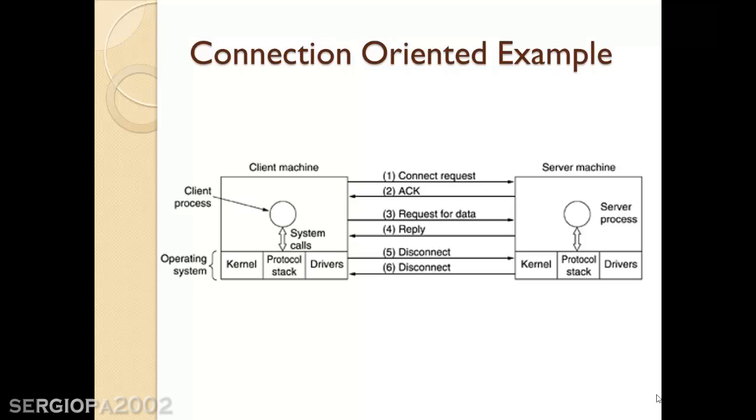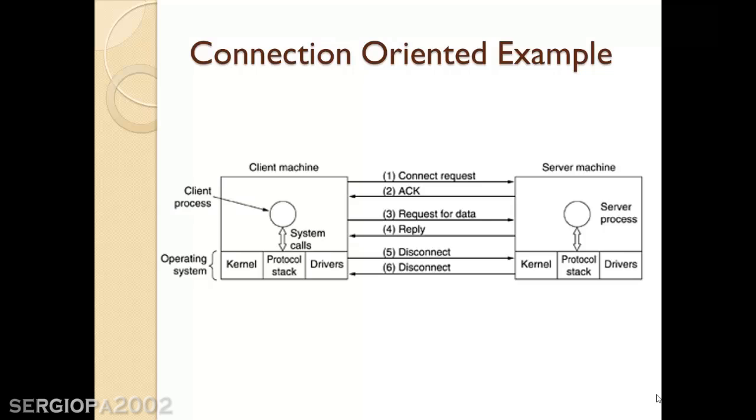Steps 3 and 4 repeat until the information that needs to be sent and received is over, and the client sends a disconnect message to the server, and then the server replies with a disconnect message, and this concludes the communication.